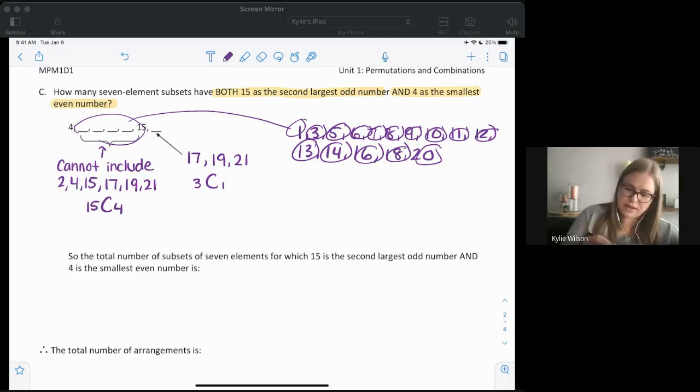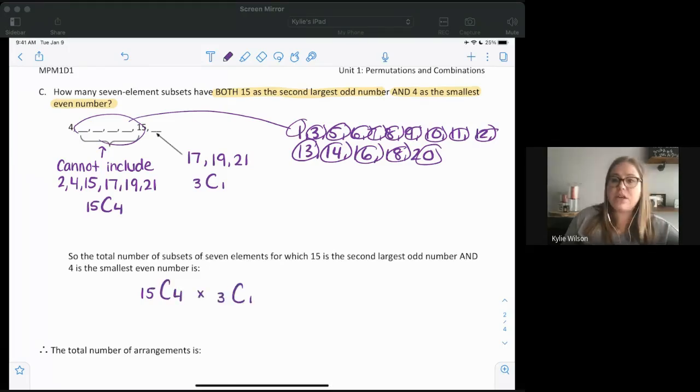So that means that our total number of subsets with 7 elements, for which 15 is the second largest odd number and 4 is the smallest even number, would be 15 choose 4, 3 choose 1. You could also include the 1s here for the 4 and the 15, but I just want to show you what it looks like without that, if that is clearer for people.